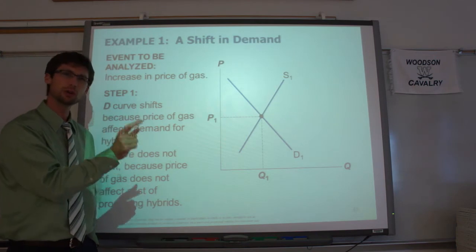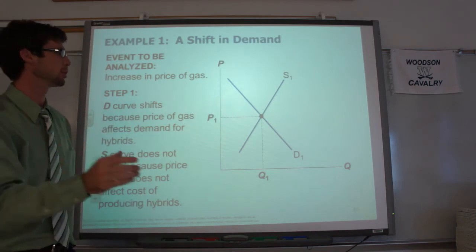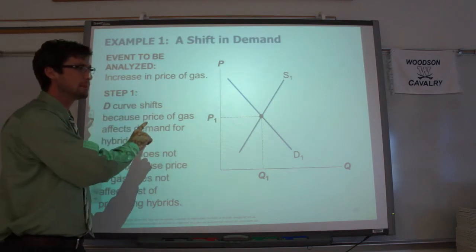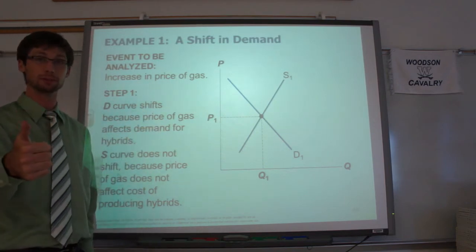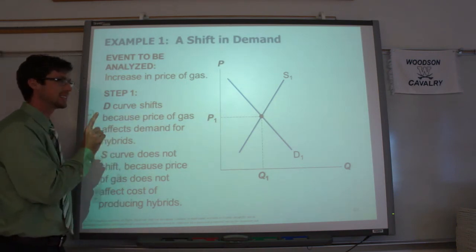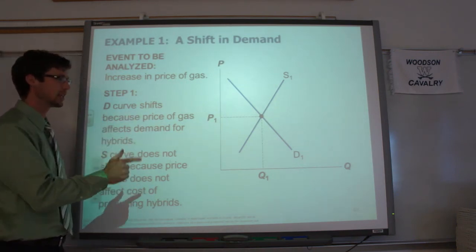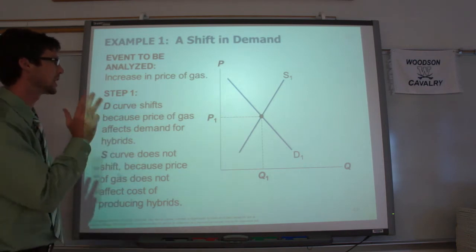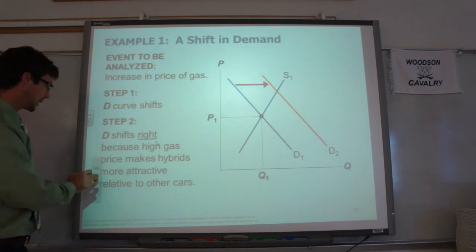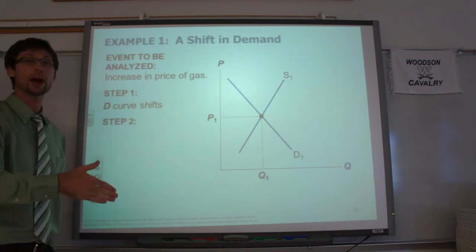No. We use gasoline once the vehicle is produced, but this curve represents the production of those vehicles. So an input, for example, would be the steel. Maybe the wages of the employees we're paying. So the supply curve does not change. Inputs, technology, expectations, number of suppliers did not get affected.